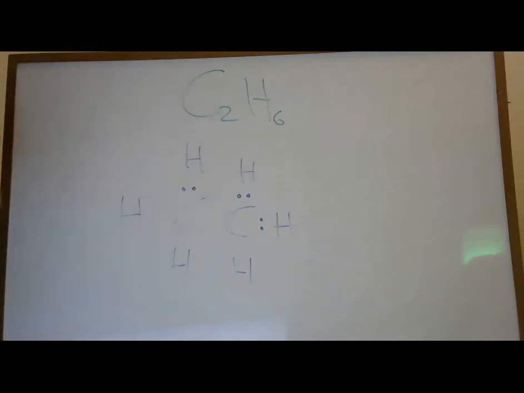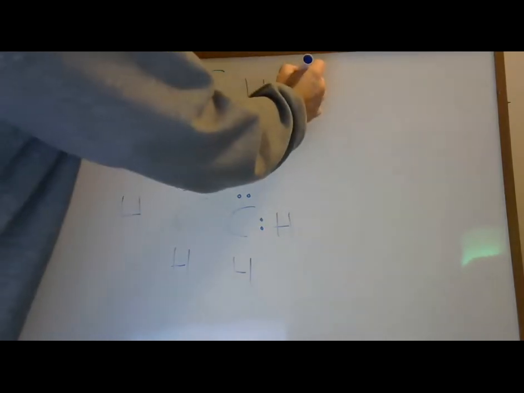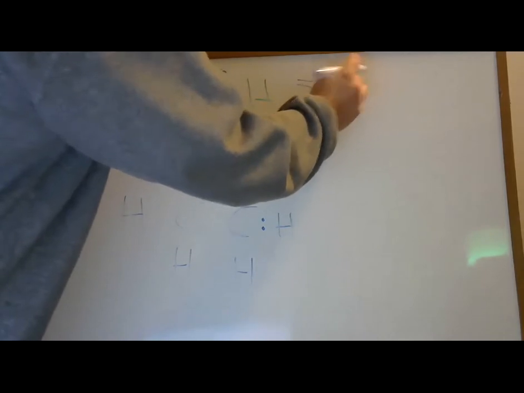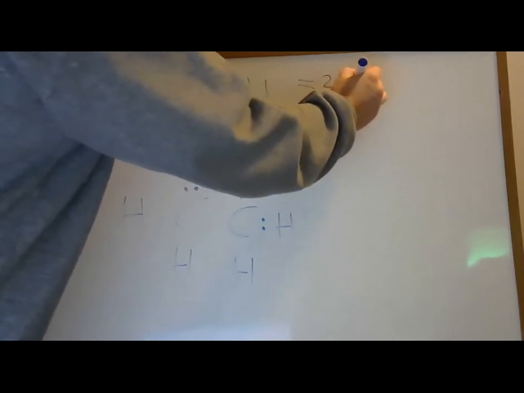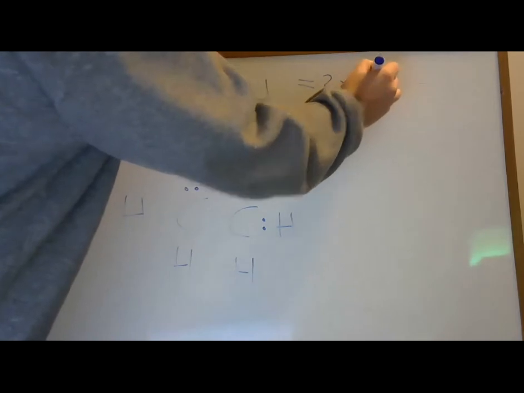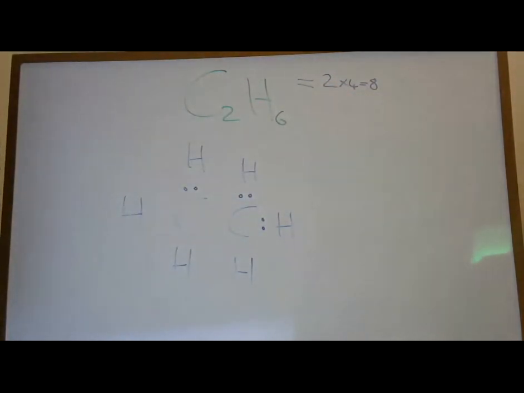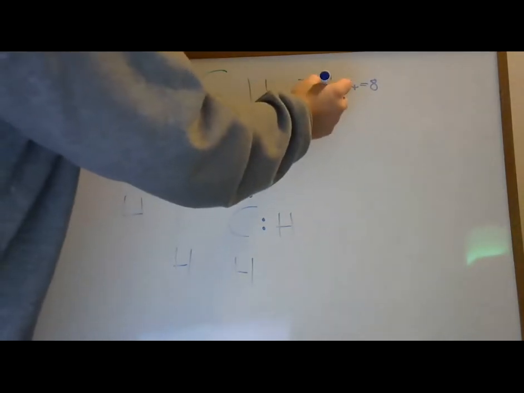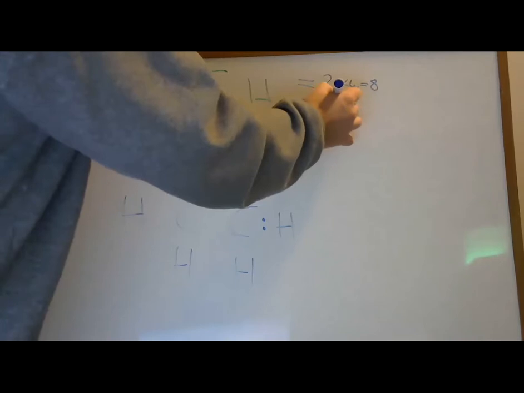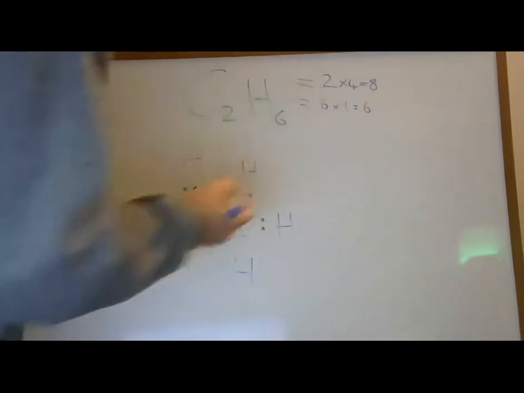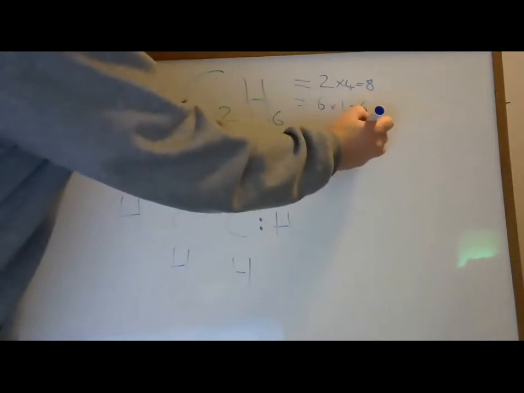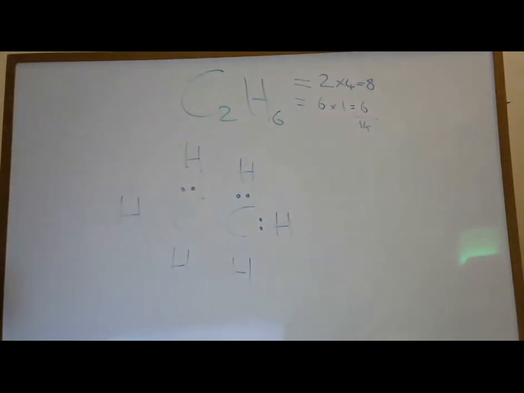Sorry, I skipped the Q. So carbon is in group 4. So 2 times 4 equals 8. Hydrogen is in group 1. So we have 14 valence electrons that need to be involved in this system.